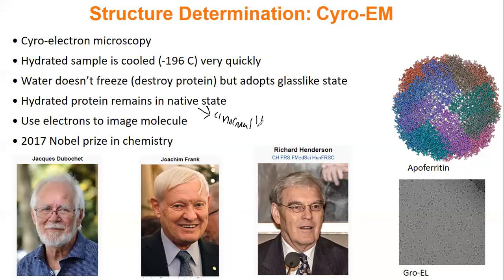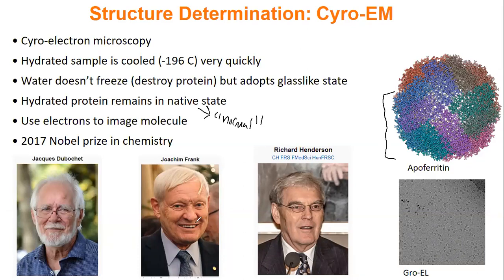Then you use electrons to image the molecule. Here you can see these little marks. These are GroEL. These are actually proteins, right? Using this technique, one protein that we discovered the structure of is apoferritin, which is this huge molecule.